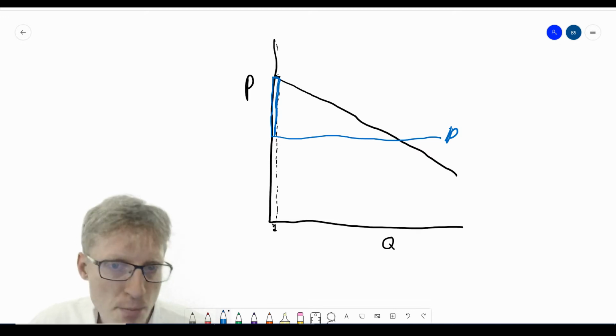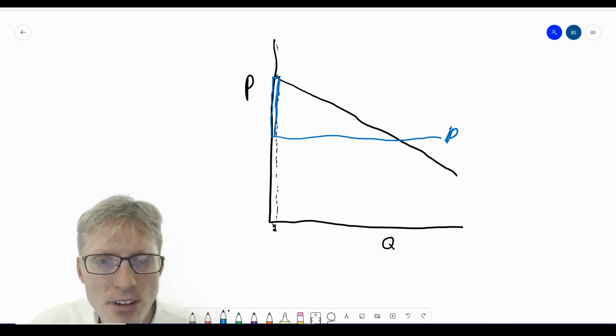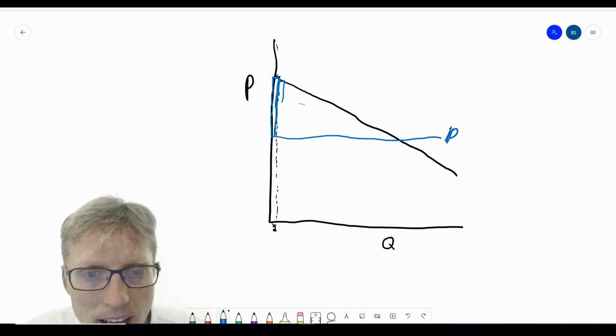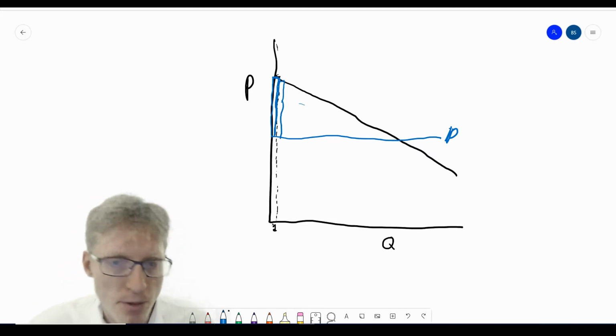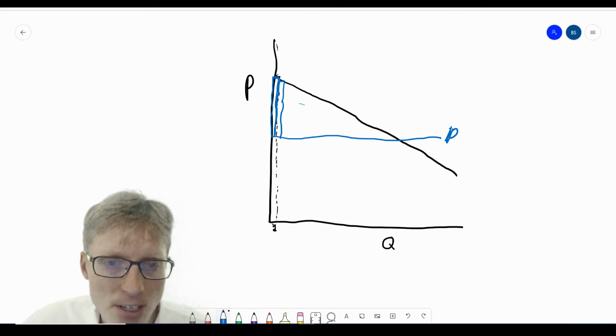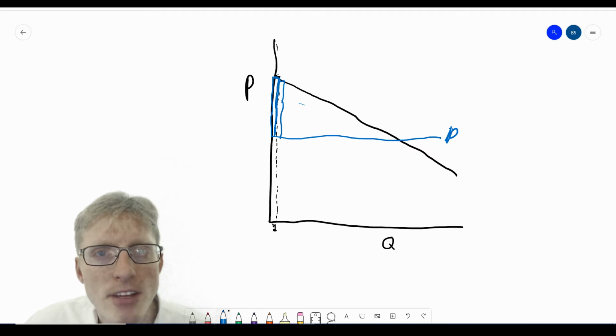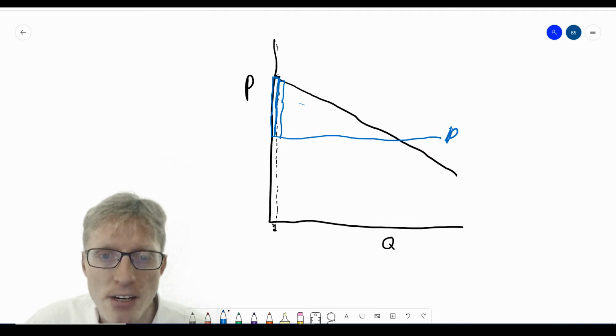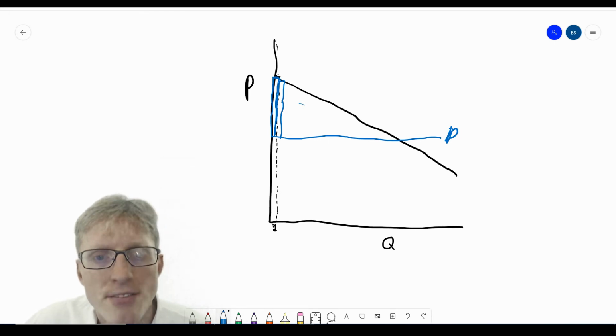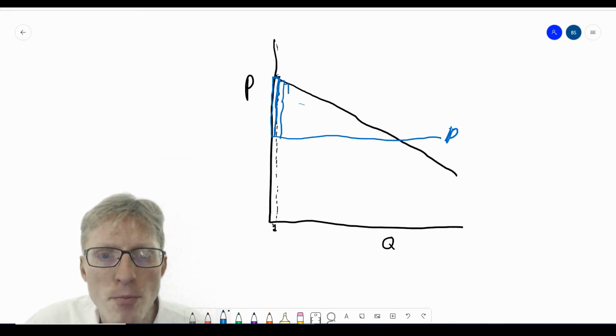There's someone else represented at the next point along this demand curve, and they might have a slightly lower valuation. If we again make a rectangle that's 1 unit wide and has a height equal to the difference between the second person's reservation price and the market price, the area of the second rectangle will be the consumer surplus that that second buyer gets from being able to buy this item at this price illustrated in this graph. And so on. There'll be a bunch of other people with these similar consumer surplus rectangles.